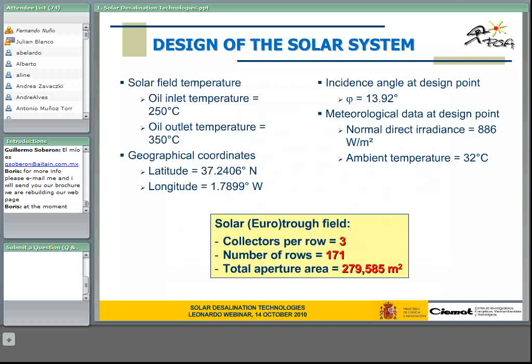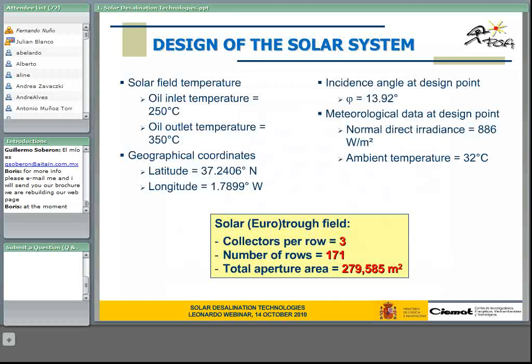So we consider the geographical latitude of the plant, we select one incident angle of the sun's position, and then considering the normal irradiance that we could have at the designated point, the specific day of the year, and the ambient temperature, we can enter into specific software utilities, and with this data we can obtain the number of solar collectors, the size of the solar field, and the configuration.